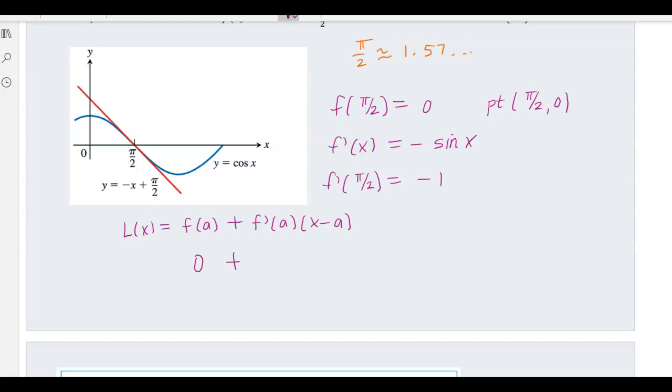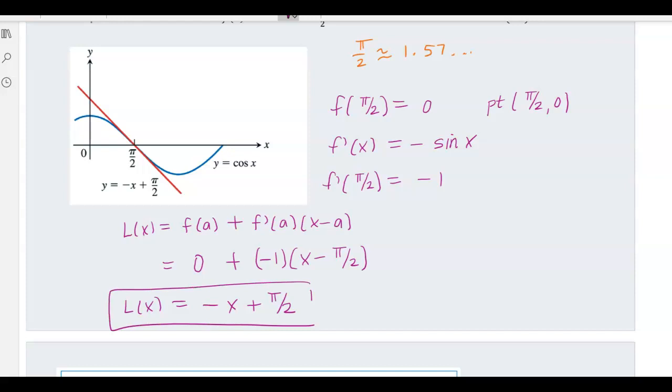The derivative at pi over 2 was negative 1. And then we'll have x minus pi over 2. So it looks like the linearization will be negative x plus pi over 2. Okay, so how do we use this?